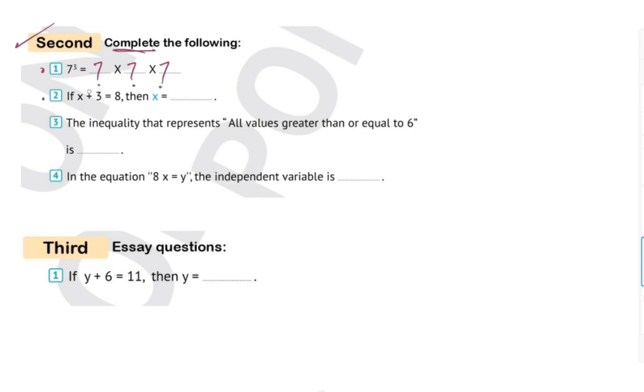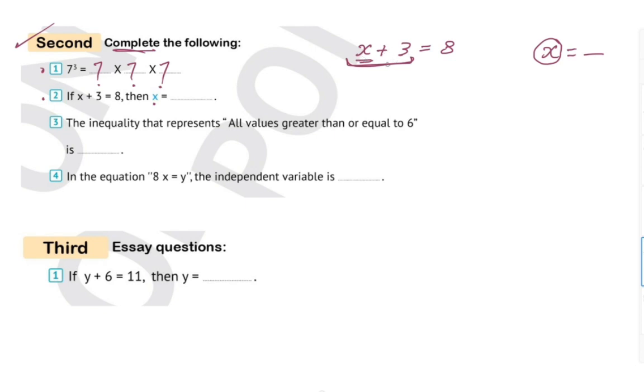Point 2, x plus 3 equals 8. Then x equals what? I just have an equation like this. Now I need to find the value of x. I need to put x alone. Look at this side: we have x, but we have plus 3.